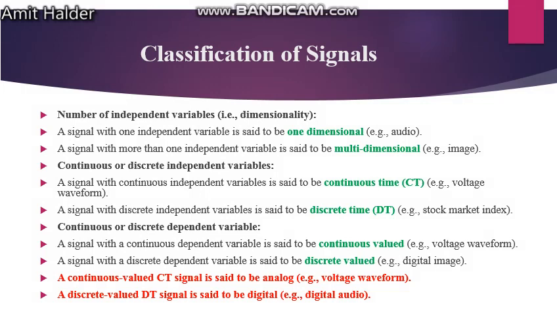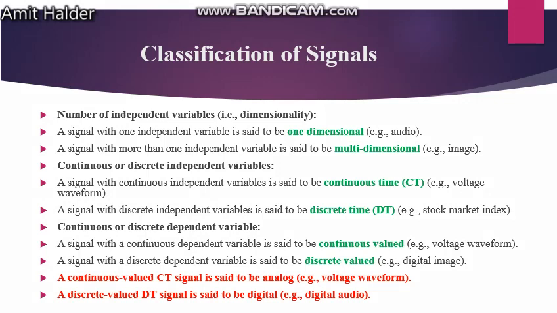That means if it is one dimensional, that means audio. It can be multidimensional as an image. That means there may be audio, video. In an image, you can see there are two dimensions. How can I represent that to you? Just keep an eye on that.